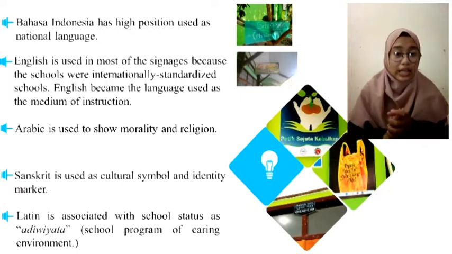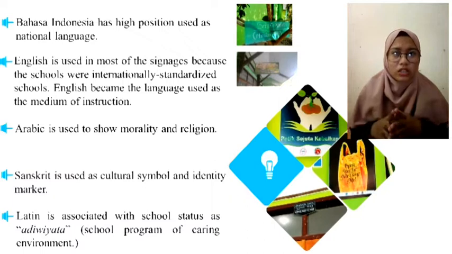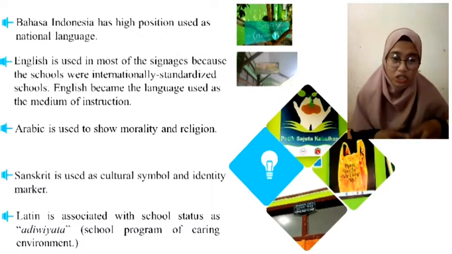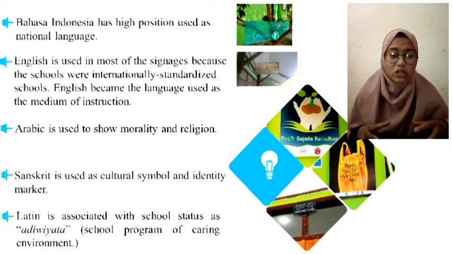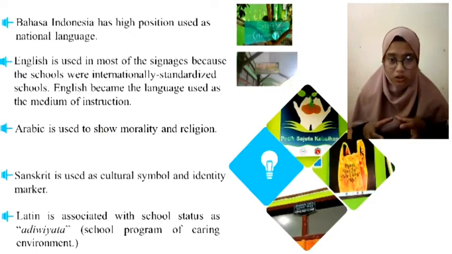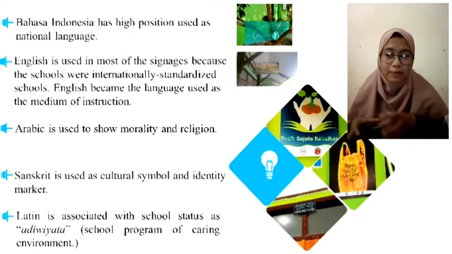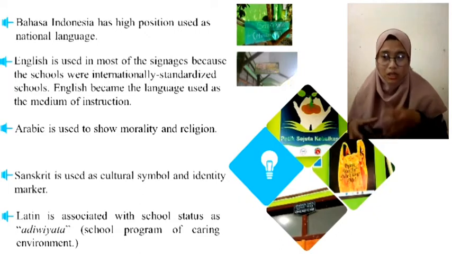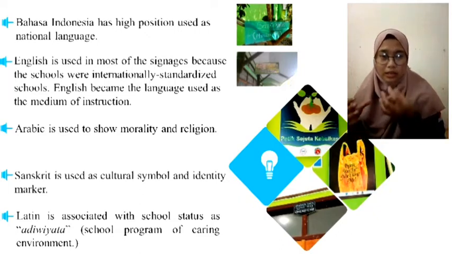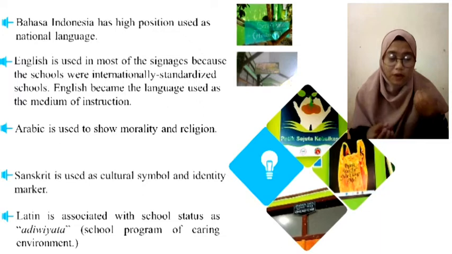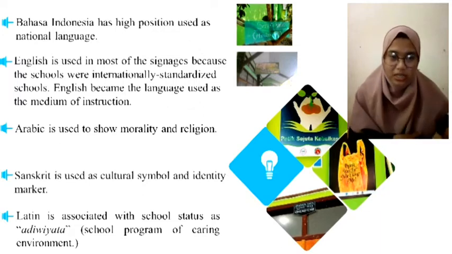And second is English. English became the second dominant language used in the suburban area. It's because English, also known as a global language or lingua franca, has a big influence and important functions in the education sector.